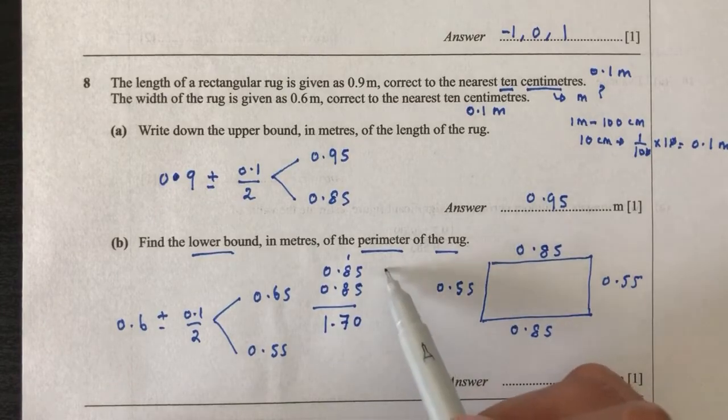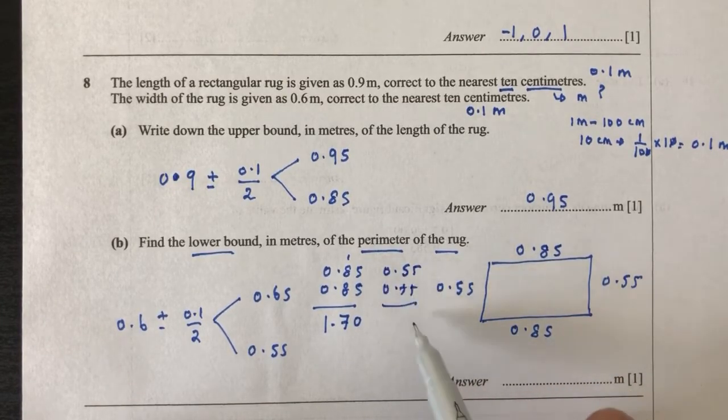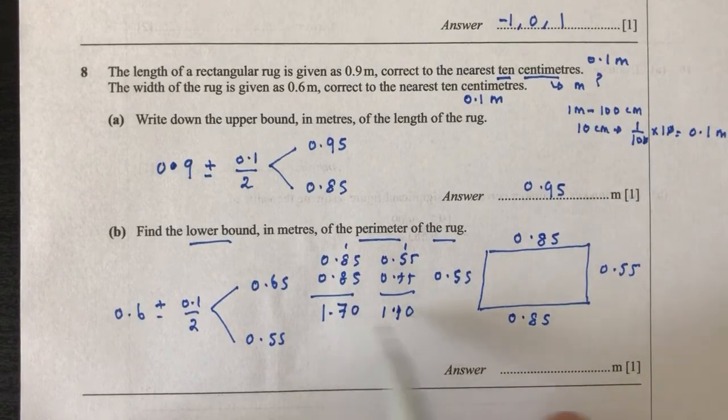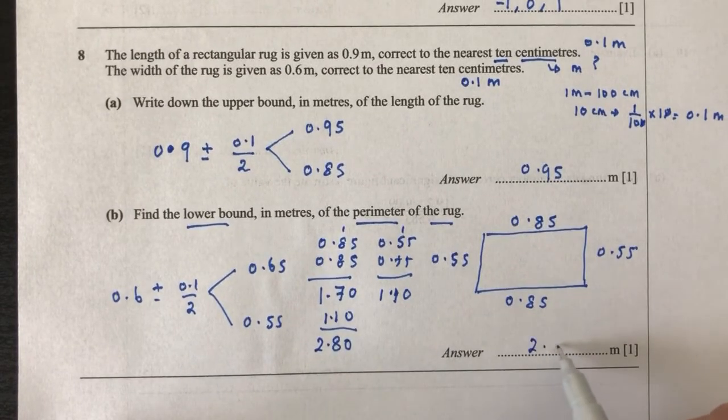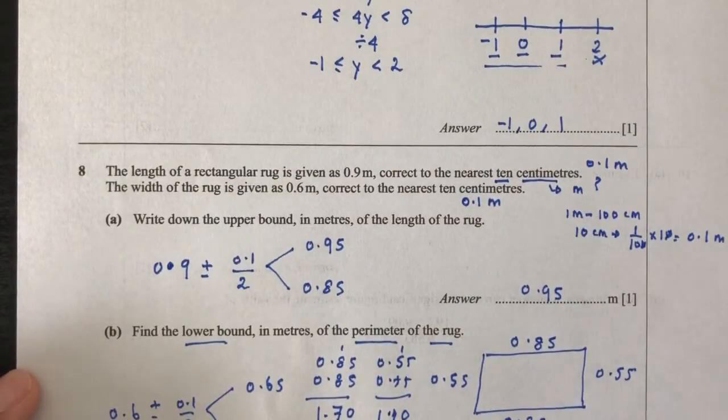How about these two? 0.55 plus 0.55. 5 plus 5 is 10, goes here, 11. So it becomes 1.10. So now we add those two together to find the perimeter of this rectangle. 0, 8, and 2. So the answer will be 2.80 meters for part B of question number 8.